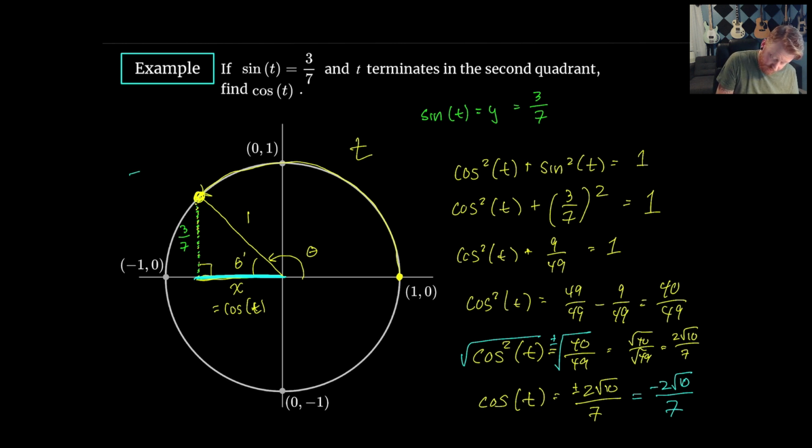This is negative 2 square root of 10 over 7, being our cosine value, and then our sine value, which was given to us, is 3/7. So there we go. We have found the cosine of t. I don't have it explicitly written here, but I could write it in here, is equal to negative 2 square roots of 10 over 7.